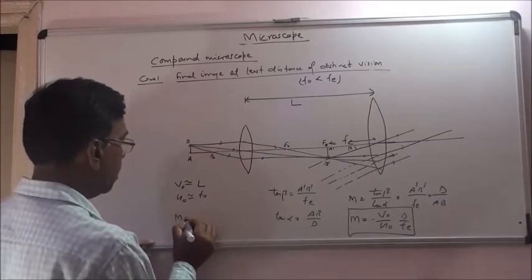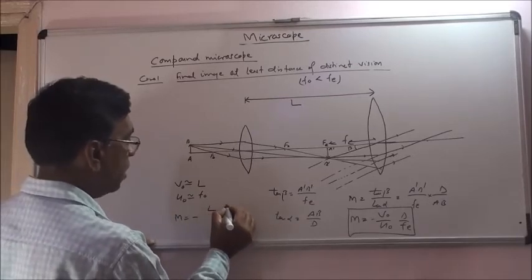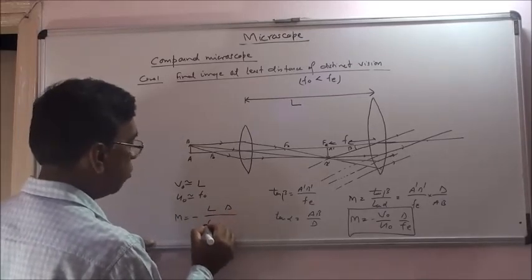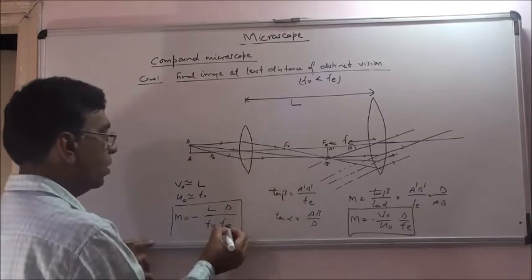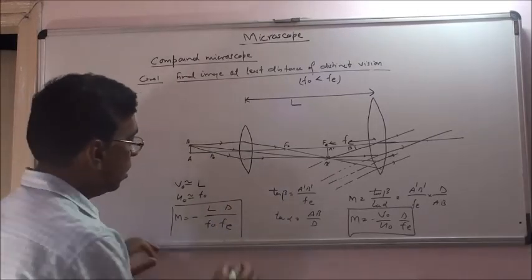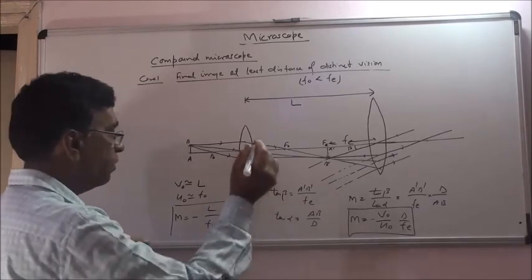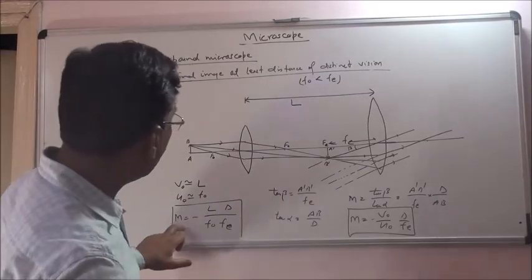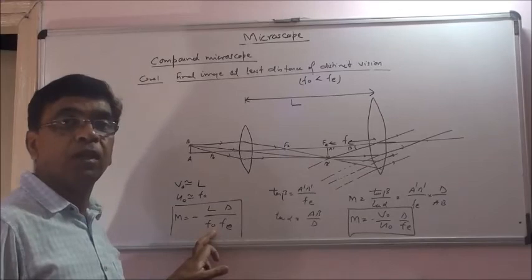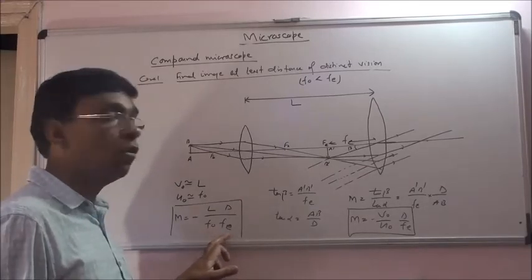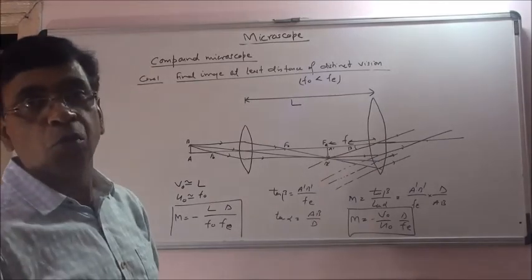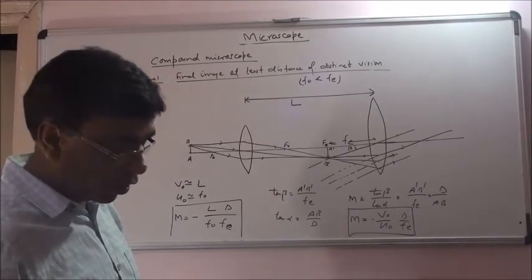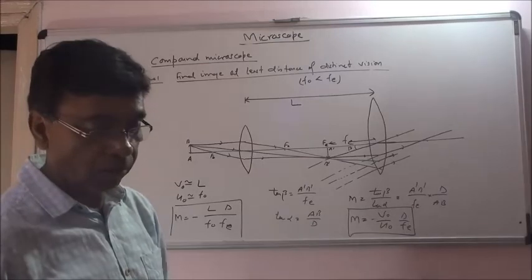So M can be written as minus LD upon FO FE. So see here, the magnification is inversely proportional to the focal lengths of both the lenses, FO as well as FE. So both the lenses in microscope have smaller focal lengths.